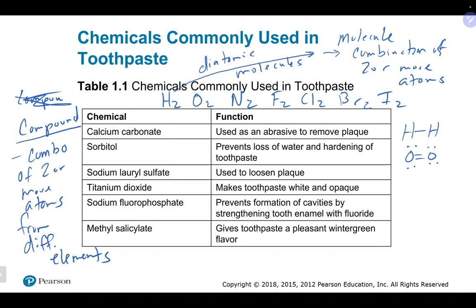So what is a compound? Well, something like, say, water, a little H2O action there. That's a hydrogen, an oxygen, and a hydrogen. That is definitely atoms of different elements together. So that would be a compound.